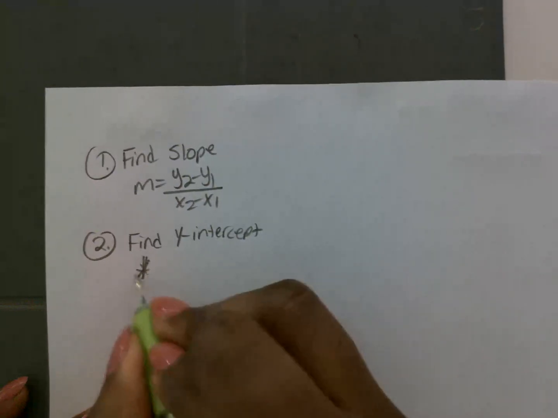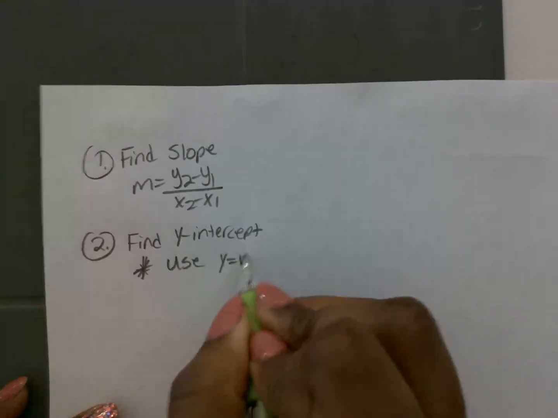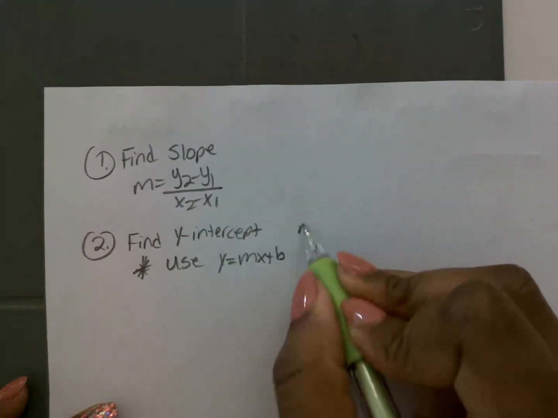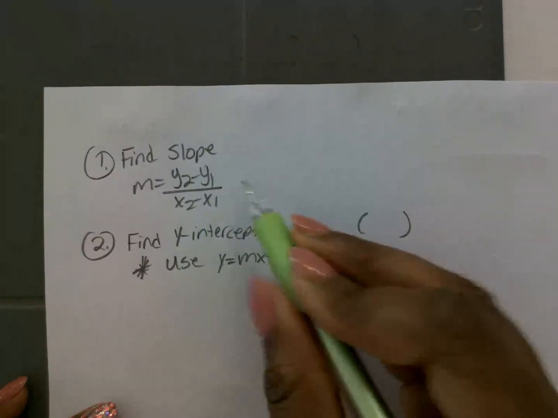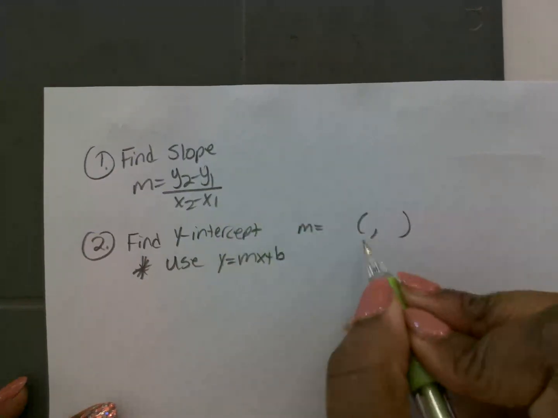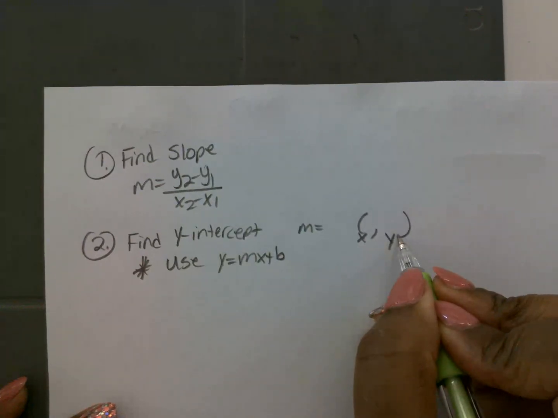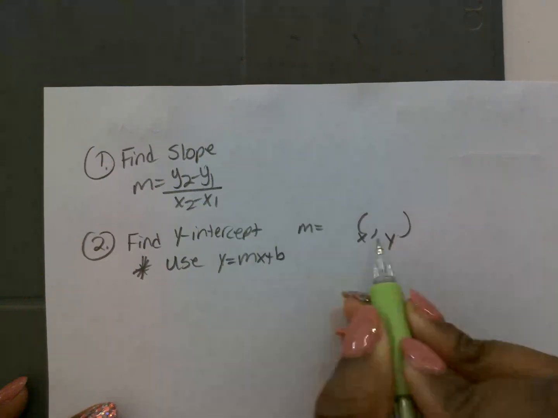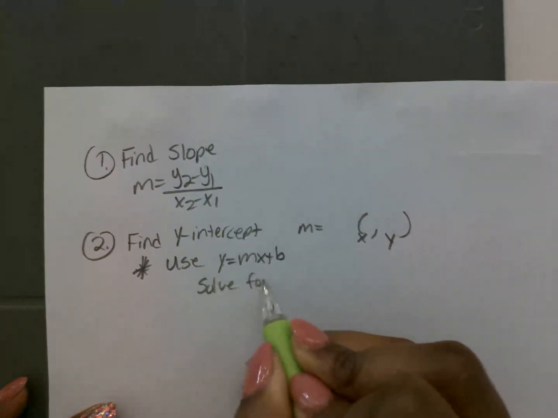So in order to find the y-intercept in these problems, we are going to use the slope-intercept form y equals mx plus b. We're going to write out the slope, and we're going to pick one of the points that we use to find the slope and label x the x coordinate and y the y coordinate. Substitute those numbers into the formula and solve for b. Okay?